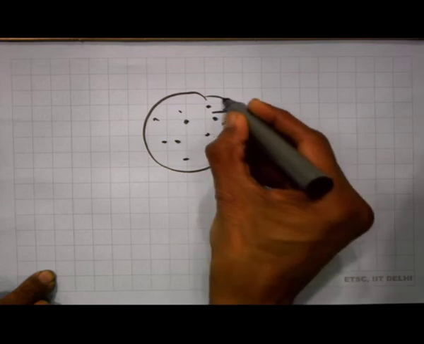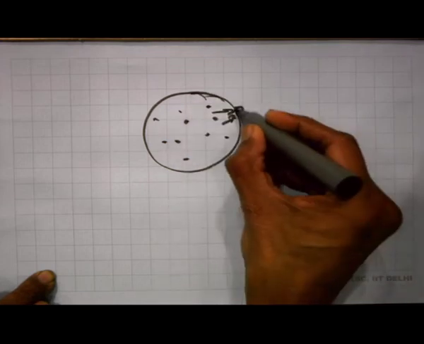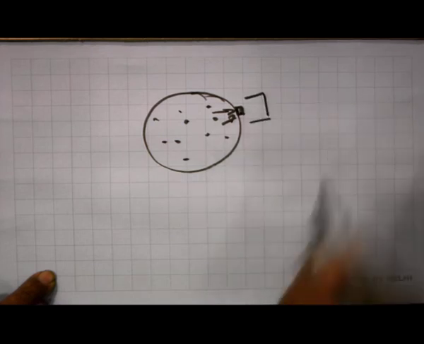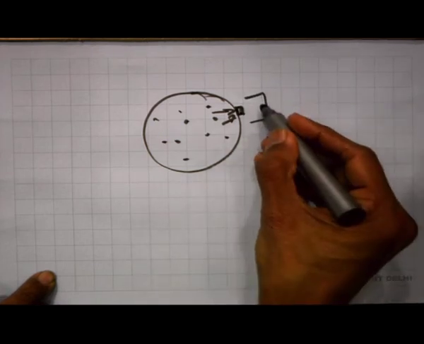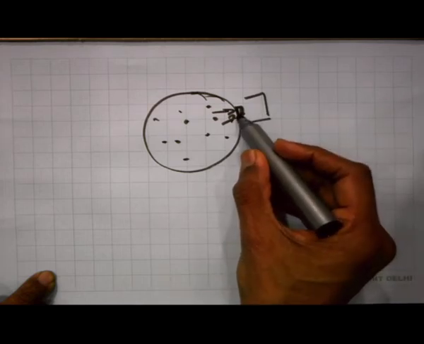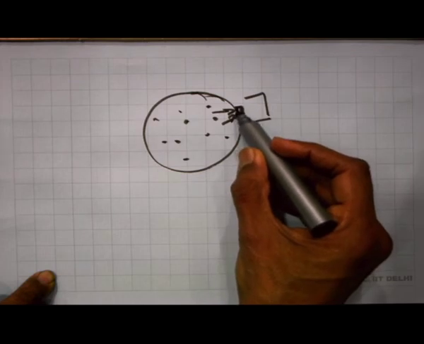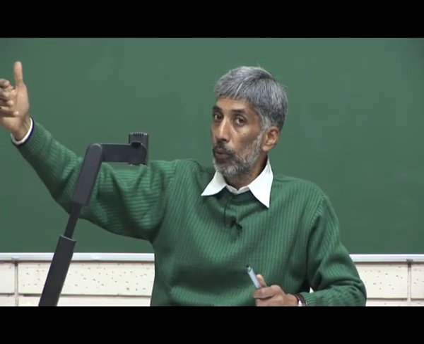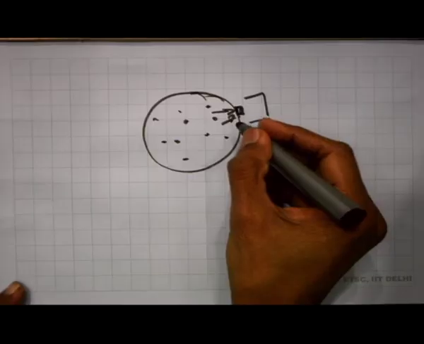You take a spherical container and you make a small opening here and you collect the gas here. The amount of gas that you get out here will be proportional to the number of collisions that the molecules have with this area. Because you have this sphere, you have a small hole at the wall, and the number of molecules that you collect at the other side will be proportional to the velocity.